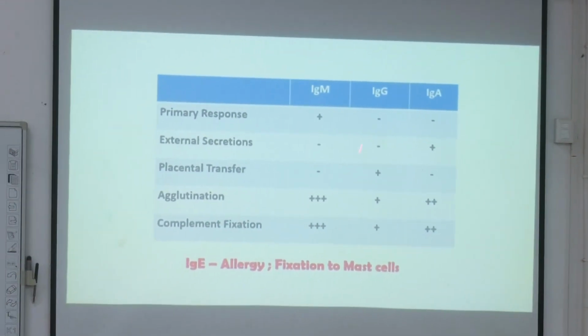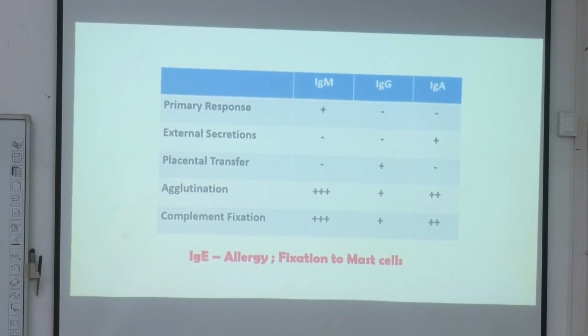So out of these 5, I have deliberately chosen these 3. These 3 are important. IgE is classically responsible for allergic reaction. See, primary response is IgM; I have been repeatedly telling you the primary antibody is IgM. IgG is for secondary response, and in external secretions IgA is the most predominant antibody.